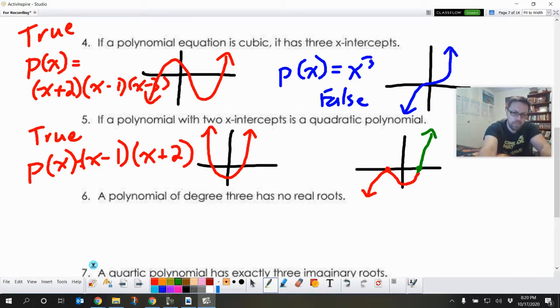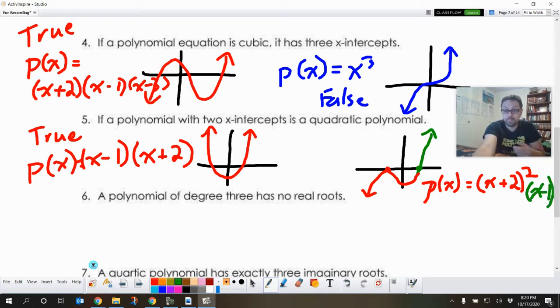What would that equation look like? P of x equals, that one's our negative 2 one, just square it. So that thing has a multiplicity of 2, and the other one just has a multiplicity of 1. Heck, I could even make the other one bounce too. So that one is also sometimes true, sometimes false.